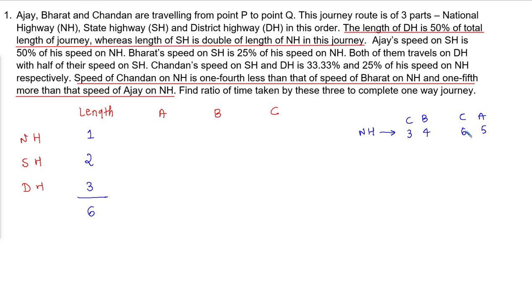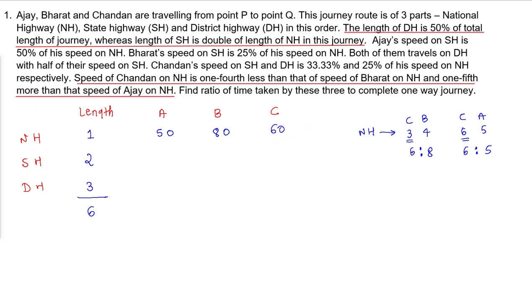Okay, so the value of C is 6 here. So let's make value of C 6 here, that is 6:8 and 6:5. So what we can do is, let's assume that speed of A on NH is 50, speed of B on NH is 80, and the speed of C on NH is 60.